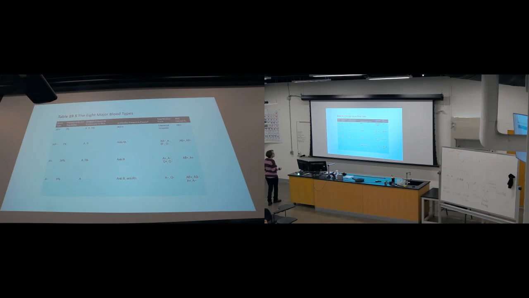Oh, and here we have a better view of all of these percentages. You see, negative types are always less abundant than their positive counterparts. And yes, there can be some ABO mismatching as well between the mother and the fetus.